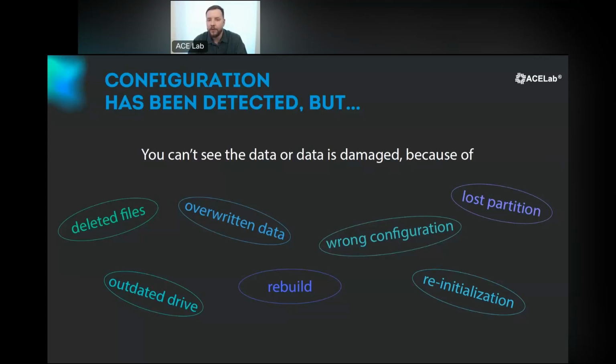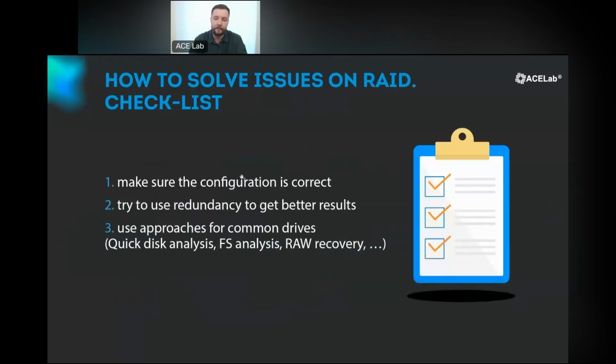So what should we do? How can we check our RAID configuration? How can we be sure that the configuration is good? At first, to solve all issues on the RAID, we must solve them in a special order.